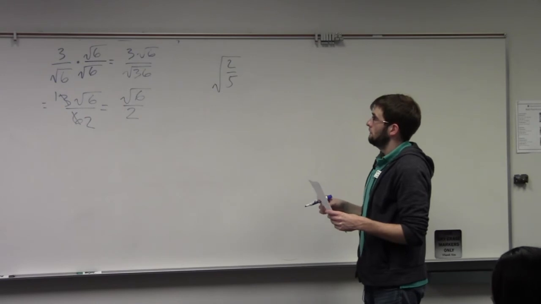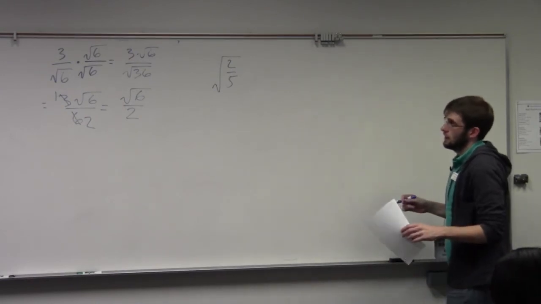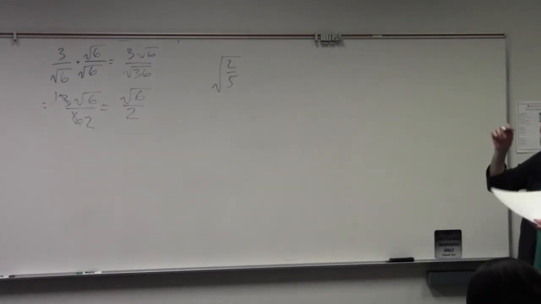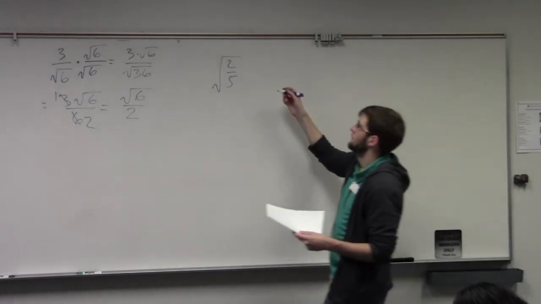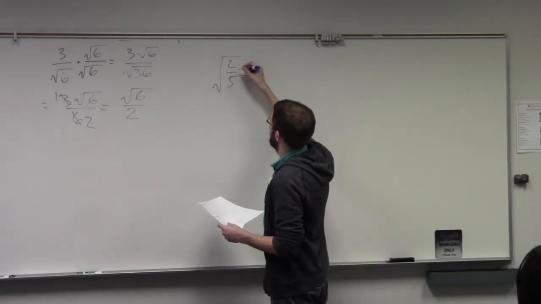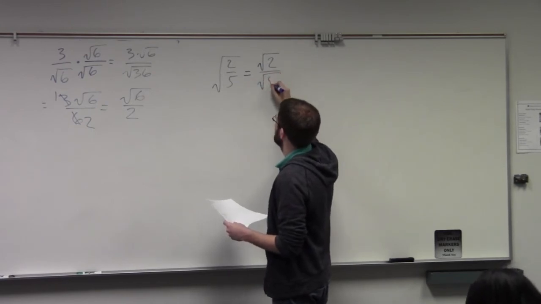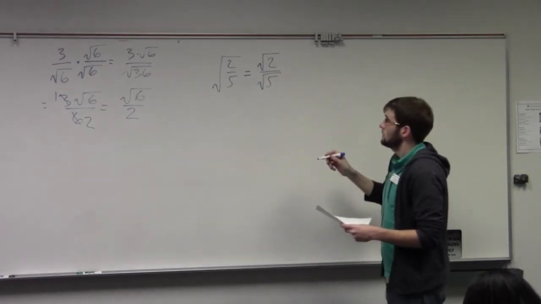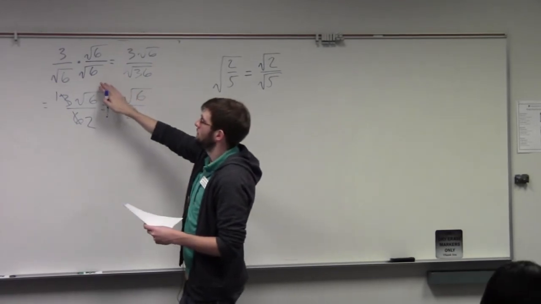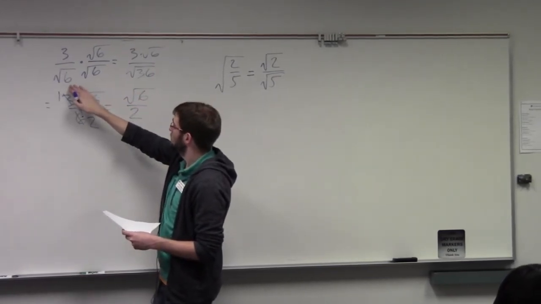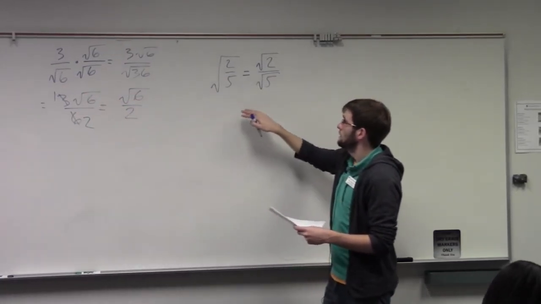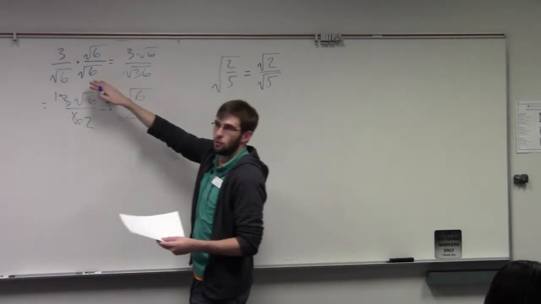Okay. All right. So one of the properties of radicals is that if you're multiplying or dividing, we can separate the square root. So I can write this as the square root of 2 over the square root of 5. So then we have a problem similar to this one right here. To get the radical out of the denominator, I had to multiply top and bottom by whatever was in the denominator.